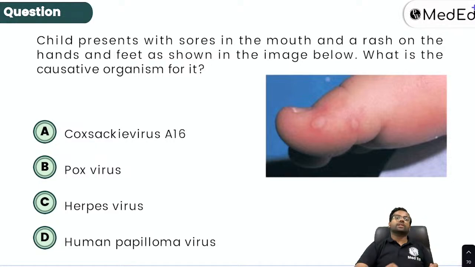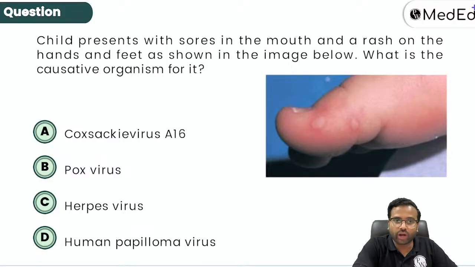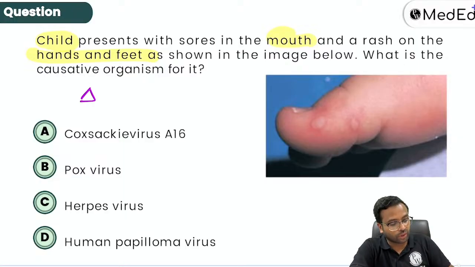Next question. Child presents with sores in the mouth and a rash on the hands and feet. What is the causative organism? So when there is a child who is having some lesions in the mouth, in the hand and feet, obviously based on this clinical scenario, the diagnosis should be, yeah, why all of you are answering it as A?